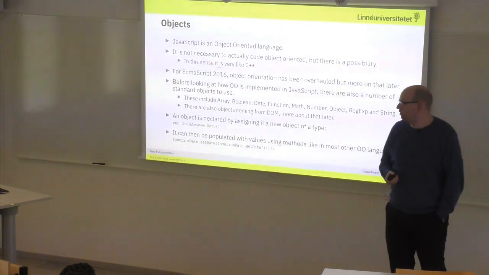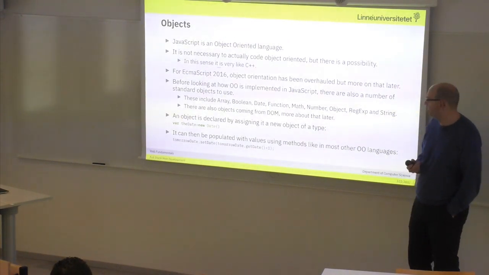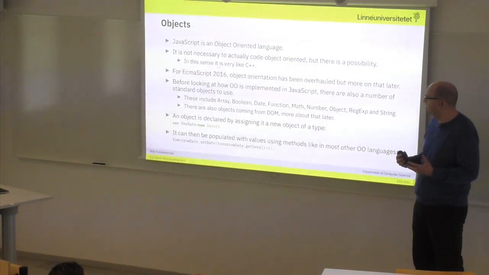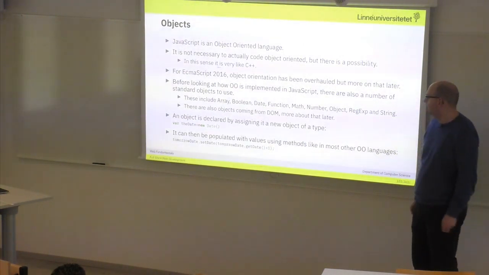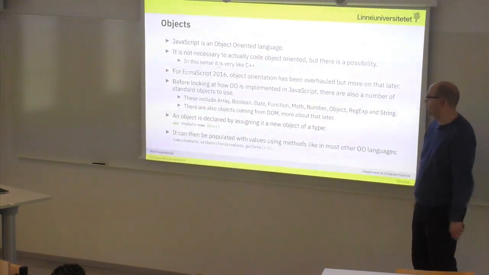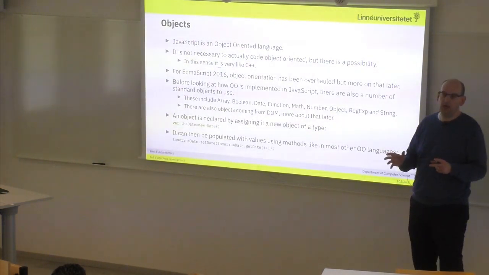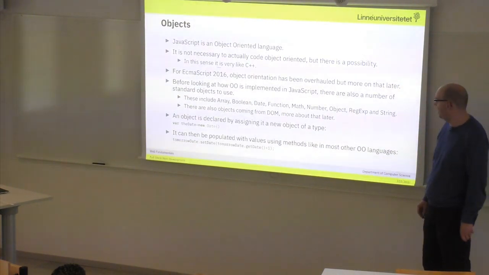For ECMAScript 2016, they overhauled object-oriented programming, because it's implemented with something called prototypes instead of classes and objects as we are used to. But as I said, we're not going to look very deeply into that. From time to time, it looks exactly the same as any other object-oriented programming language.